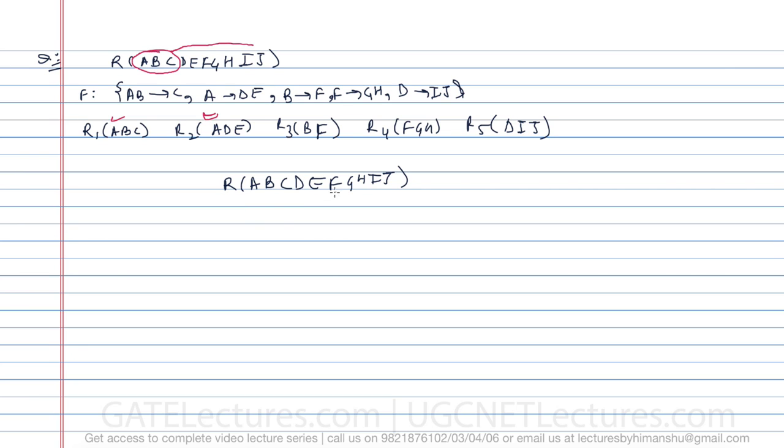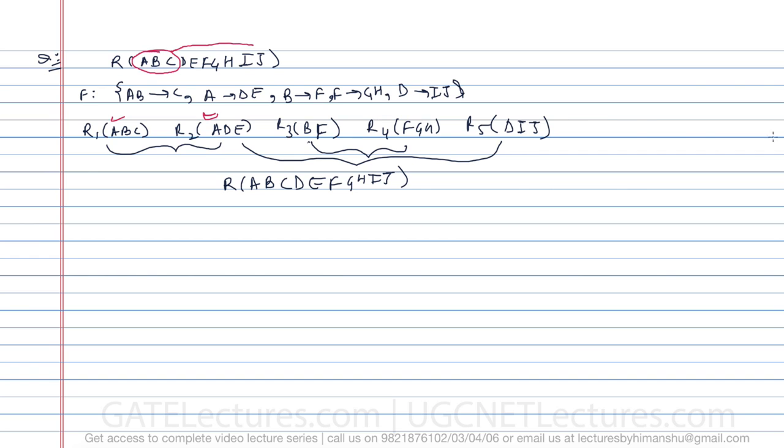So if we have A, B, C, D, E, F, G, H, I, J, here you can see from these two tables the common attribute is A, and here there's no common attribute. Here there is a common attribute which is F, and D is a common attribute with this table. Okay, fine. So they have broken down this relation into 5 relations.